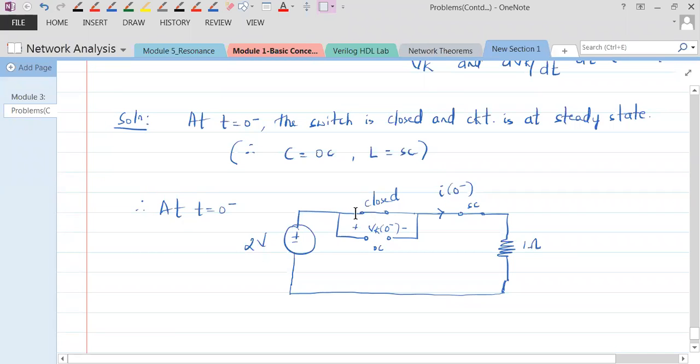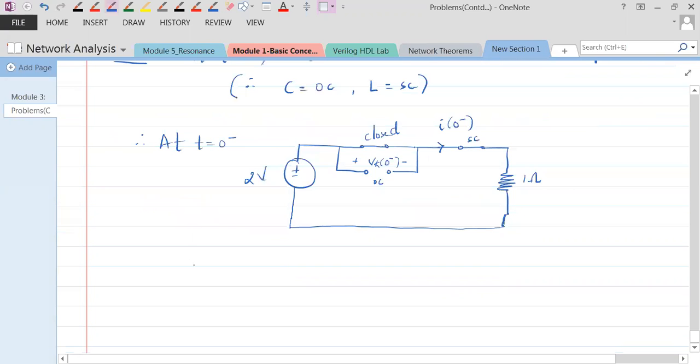Resistance is 0, the drop is 0. So if you take this, you will understand. There will not be any voltage drop because there is no resistor. Fine. So it very clearly says that Vk of 0 minus is 0.